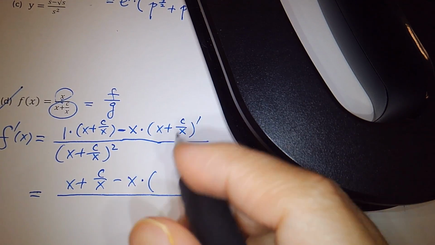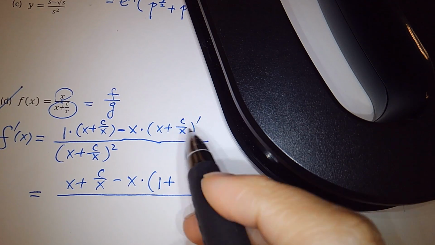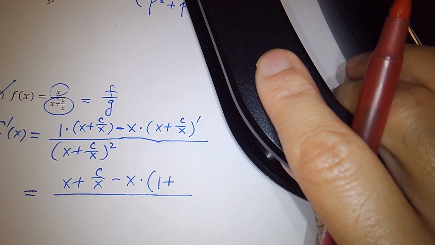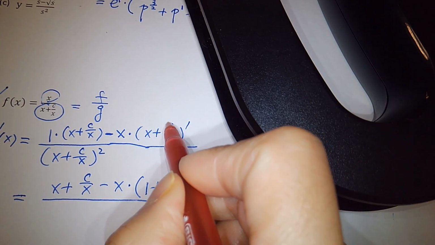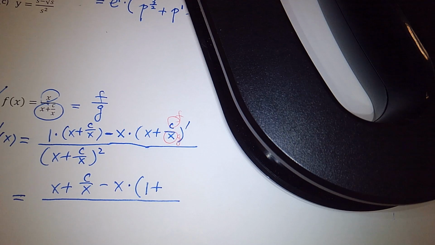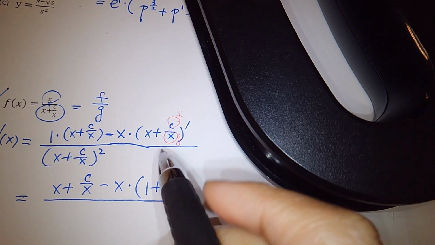The derivative of x is 1, right? Plus constant over x. This is another fraction, so this is f, this is g for us now, right? So use the quotient rule again.